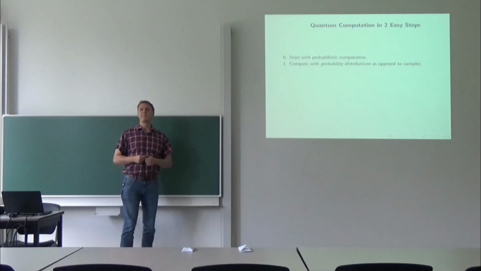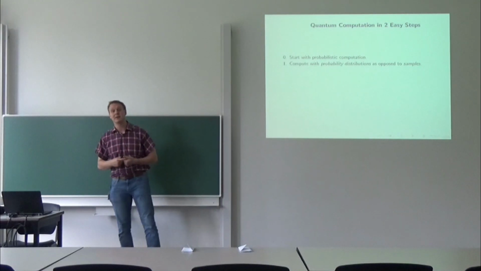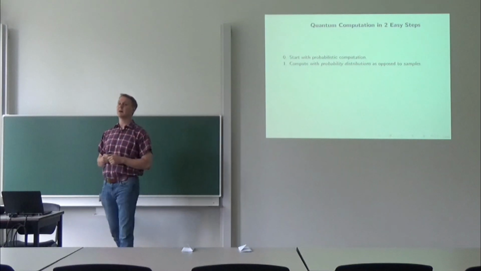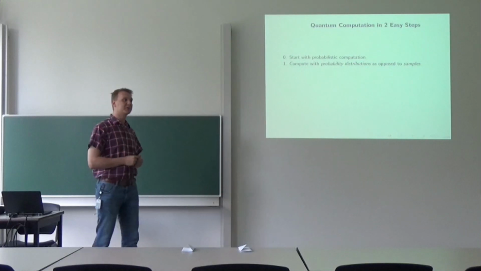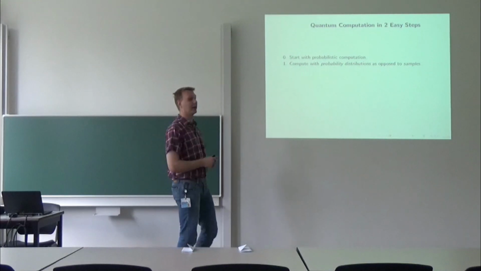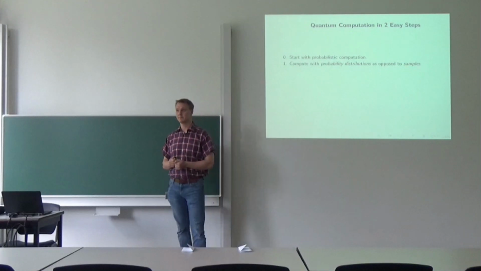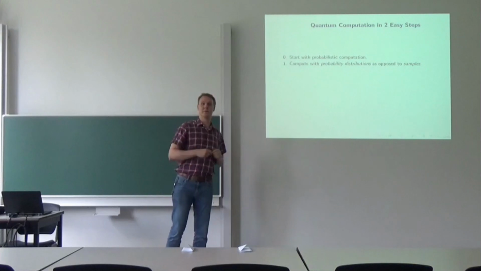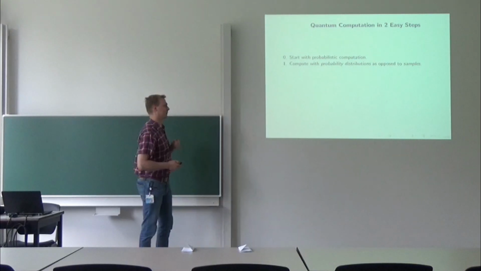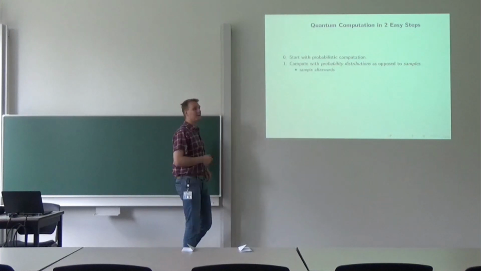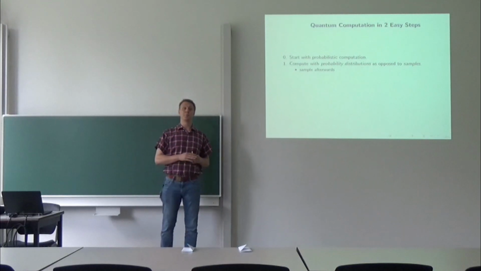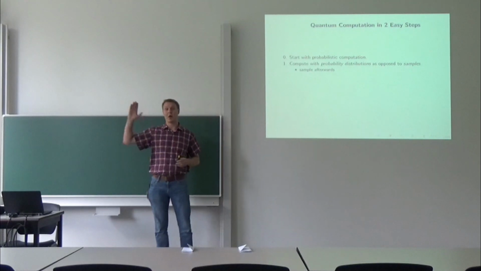Step 1 is you have to compute with probabilities instead of samples. Probability distributions. So at every point in time, the state of your system is described by a probability distribution. And only when you measure the value do you know the value and can you forget about the probability distribution. Right? For a meaningful quantum algorithm, you have to postpone measurement all the way until the end.